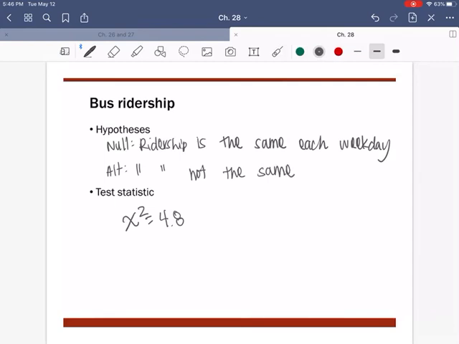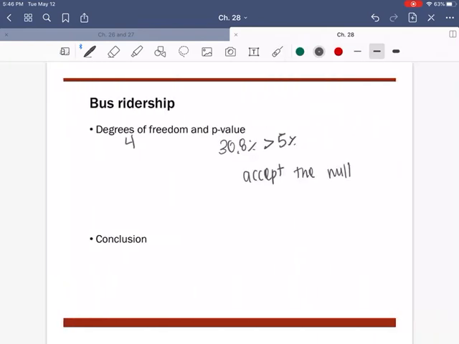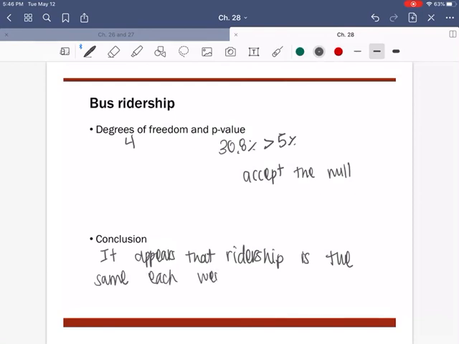And the alternative is ridership is not the same each weekday. So we accept the null. It appears that ridership is the same each weekday.